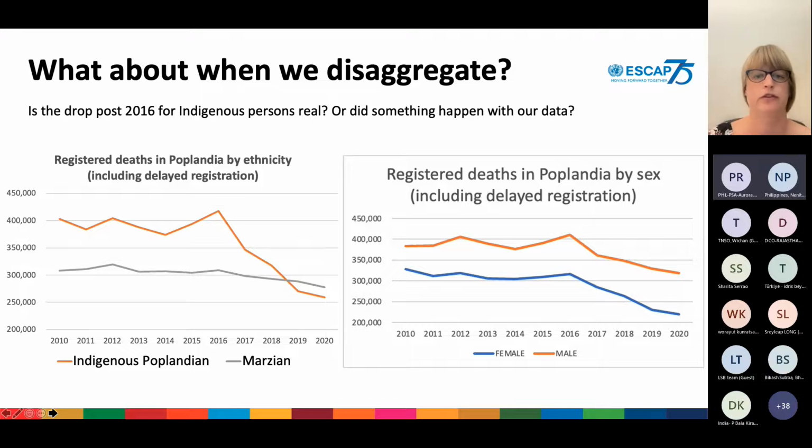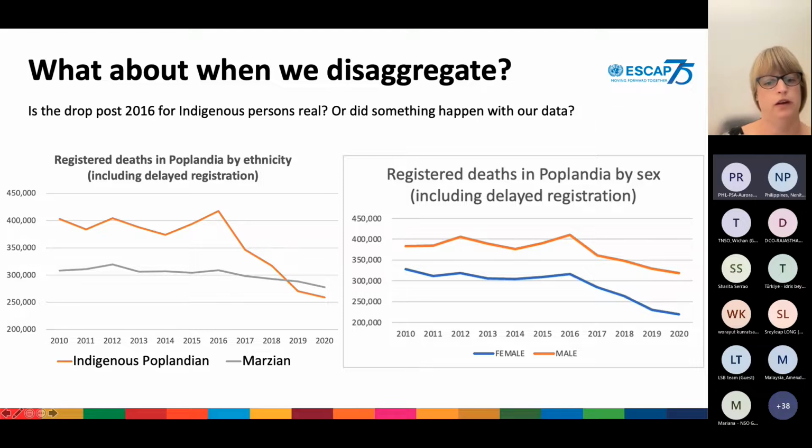So when we start to disaggregate a little bit more, starting maybe with a sex disaggregation over here, we can see that the pattern is very similar, which is great. So we feel pretty good about that. It's wonderful that over time they have very similar patterns. But then when we look by ethnicity, there's a little bit of noise, but the Marzian population is very slowly decreasing.